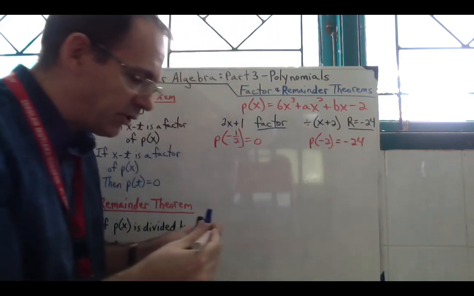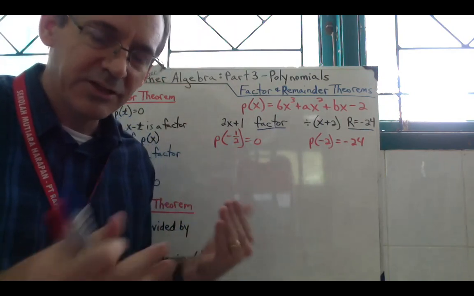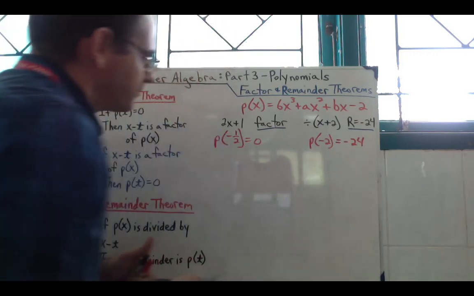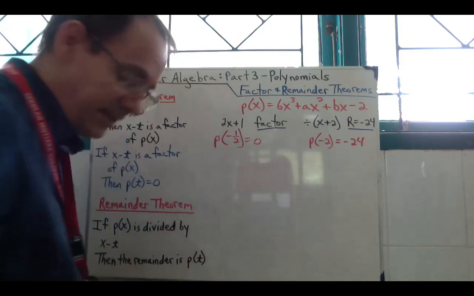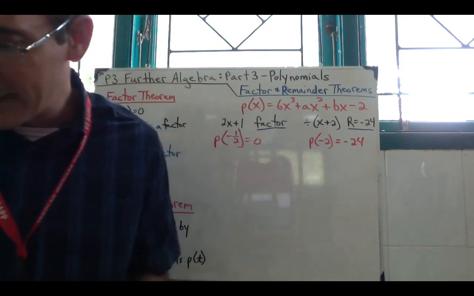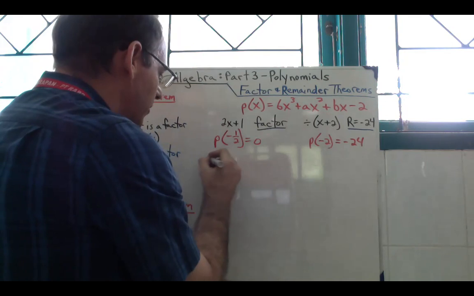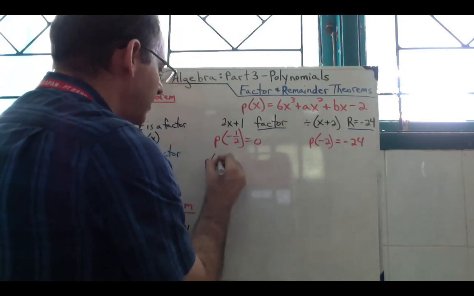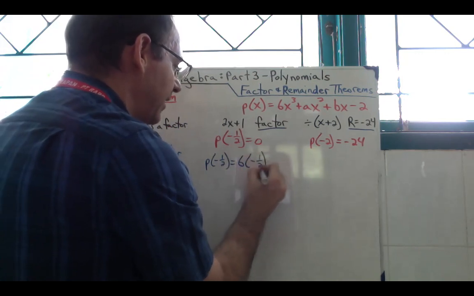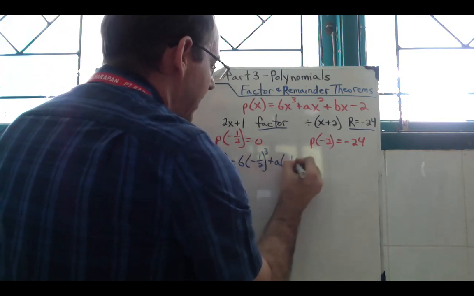Here are our two equations. Notice we're solving for a and b, and so we'll take two equations to do that. The first thing that we're going to do is our p of negative 1/2. So p of negative 1/2 would equal 6 times negative 1/2 cubed plus a times negative 1/2 squared, and you can work it all out here.